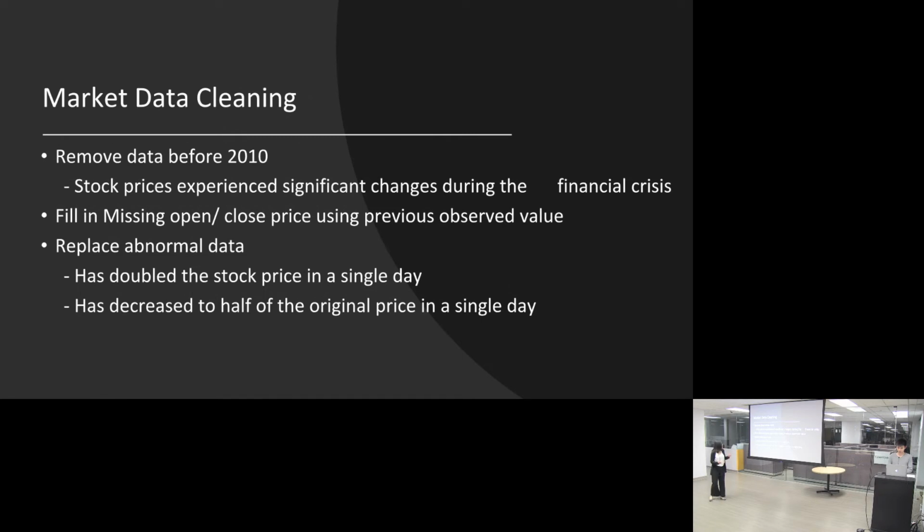First, if a stock doubled from the morning until the market ends, then we consider it abnormal data. Second, if a stock decreased to half from the morning until the end of the market, then we also consider it abnormal data. We also replace this data using the previous observed value.